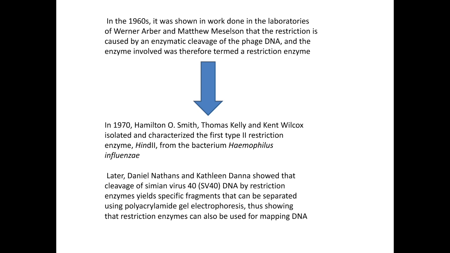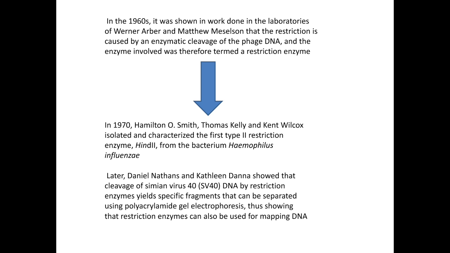Later, Daniel Nathans and Kathleen Danna showed that cleavage of simian virus 40, popularly known as SV40, DNA by restriction enzymes yields specific fragments that can be separated using polyacrylamide gel electrophoresis. Now, this crucial term, polyacrylamide gel electrophoresis, will be discussed in the upcoming videos.